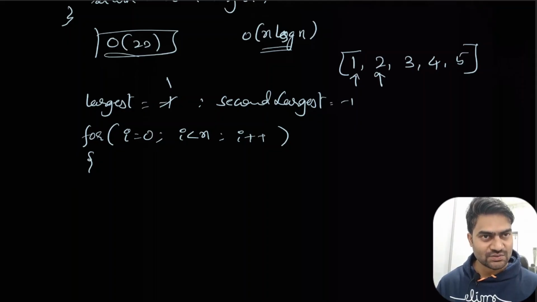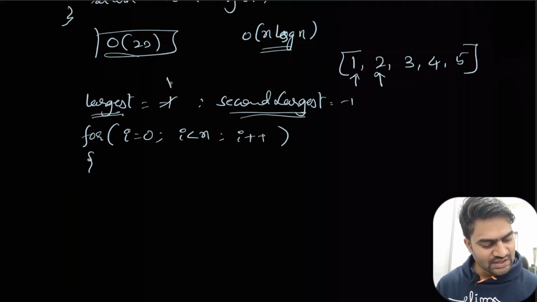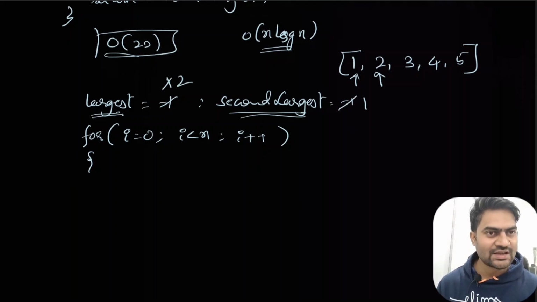Now my number is 2. If 2 is greater than largest, then second largest will not be -1. Now it becomes 1 because we are only checking two numbers until now, correct? So I will update largest with 2, and I'll update my second largest with my previous largest, which is 1.